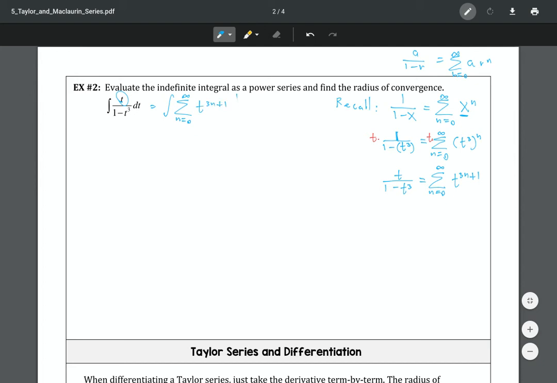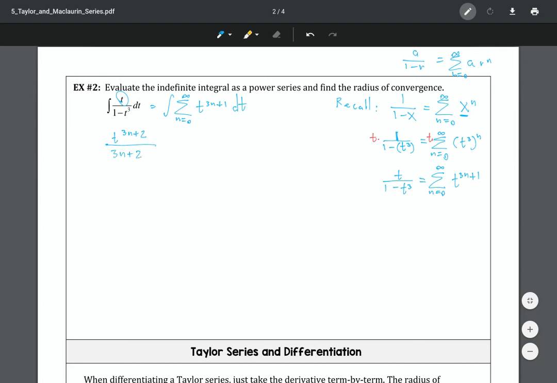We're just going to add 1 to the power and divide by the same. So this is going to be t to the power of 3n plus 2. I added 1 to the power, and now I'm going to divide by the same power.